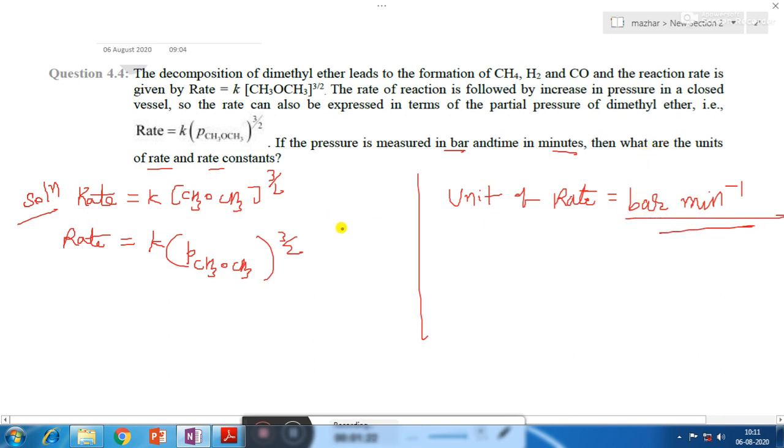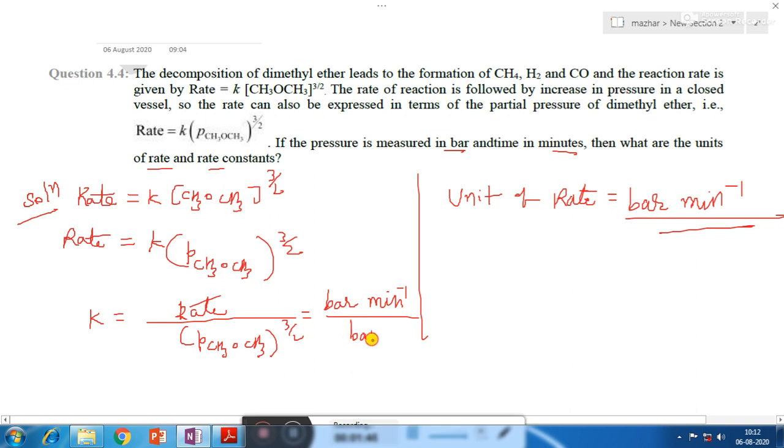So now we have to find only the unit of K. When we make K the subject, we get K equal to rate upon partial pressure of CH3OCH3 raised to 3 by 2. Now the unit of rate is bar per minute and the unit of partial pressure is bar raised to 3 by 2.